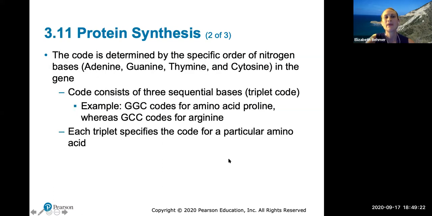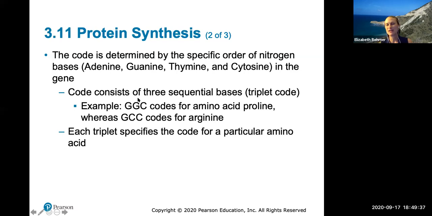And the code is determined by the specific order of the nitrogen bases in the DNA. And these are the bases: adenine, guanine, thymine, and cytosine in DNA.